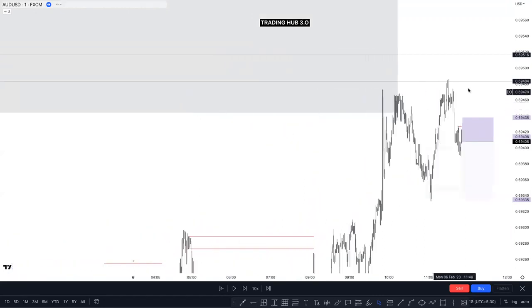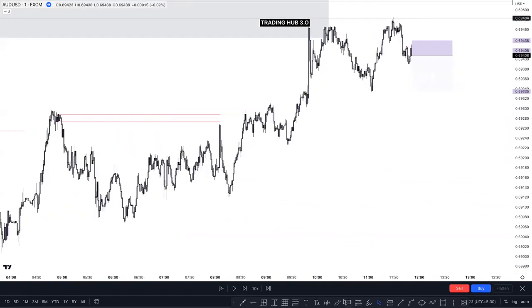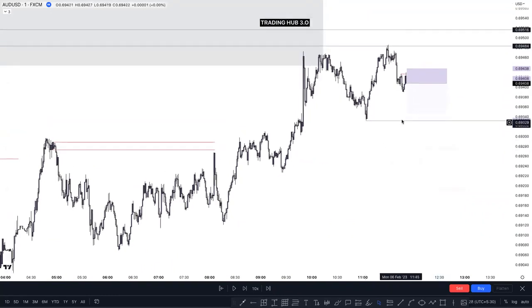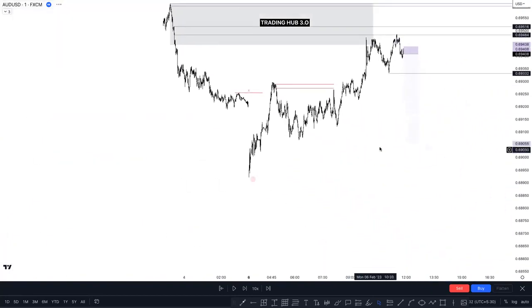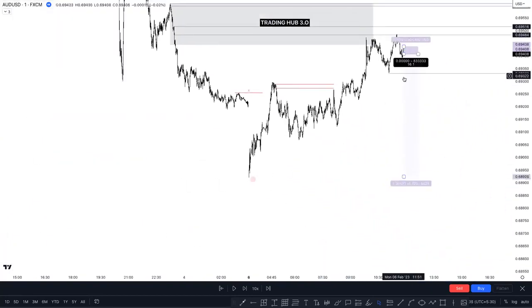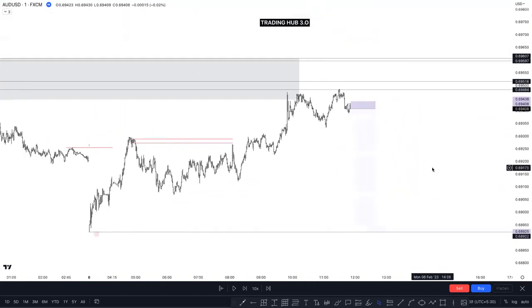The target is the first low broken here, because this is the first structure the market broke, and you move your stop loss to break even, and the major target is right here.